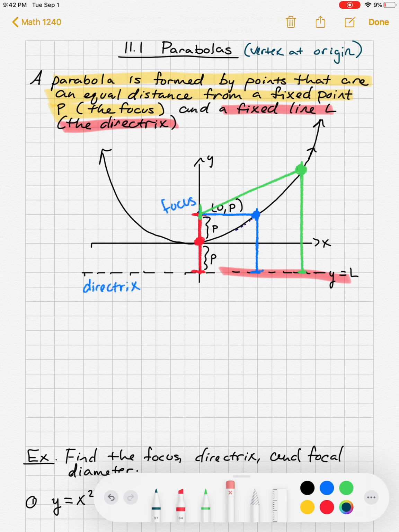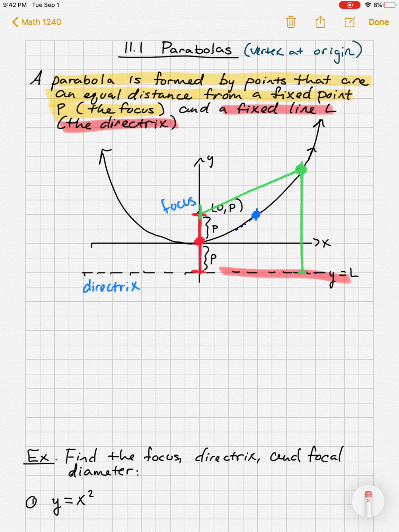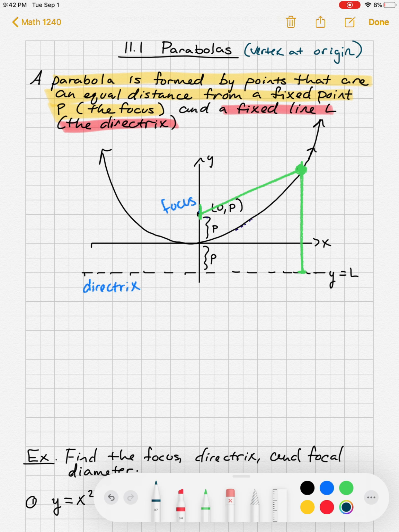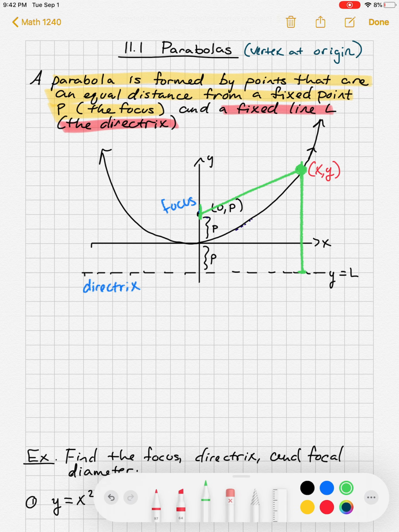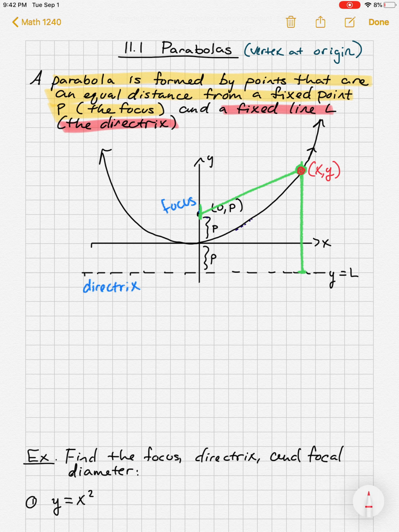So let's see if I can come up with the geometric equation of this parabola then. I'm going to use the green lines there for reference. Let me say this point, call that the point (x, y). What do I know? Well, I know the distance from this point to the directrix.